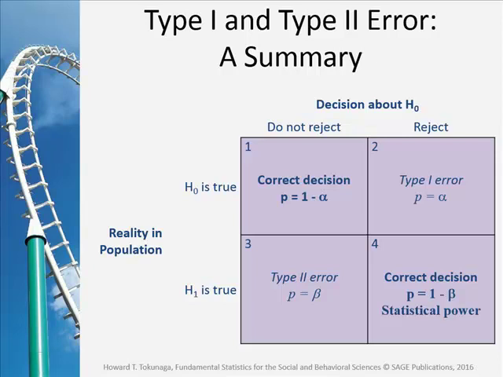There are some tests out there to try to approximate beta based upon sample size and things like that. But a correct decision is the probability of 1 minus beta, if beta is our type 2 error. So again, it's the probability of not making a type 2 error. We call that statistical power.